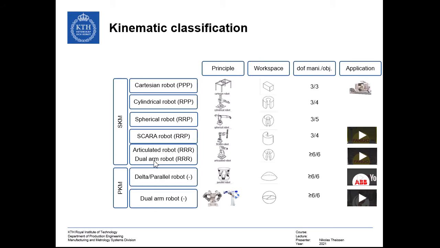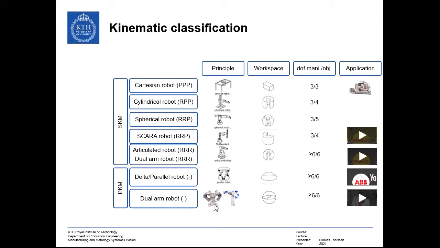Then there are dual arm robots. You've seen that I have placed dual arm robots for SKMs as well as PKMs because I couldn't find an official designation of where they actually belong, because you can essentially read yourself from the base to the mechanical interface, but at the same time you would be able to actuate the same object.